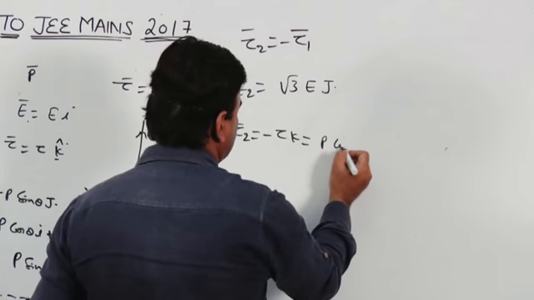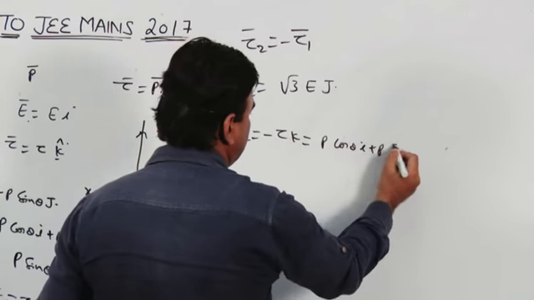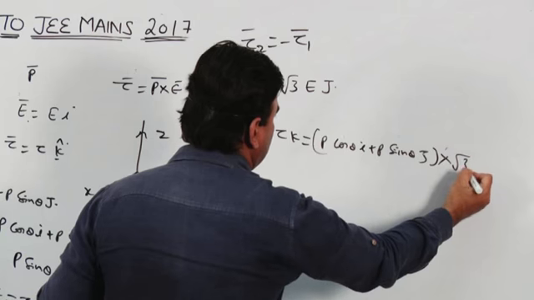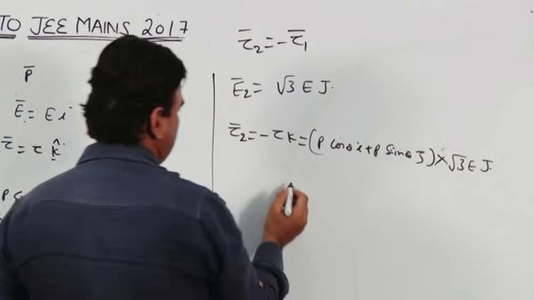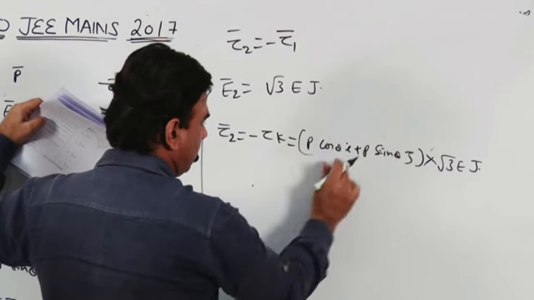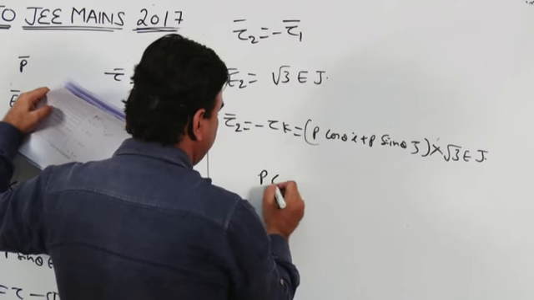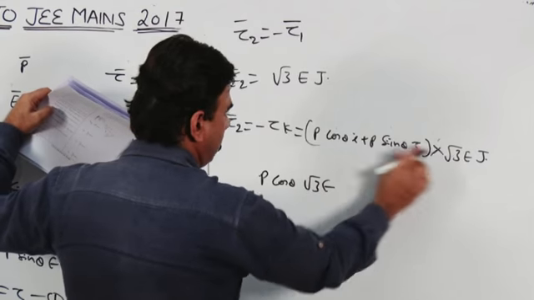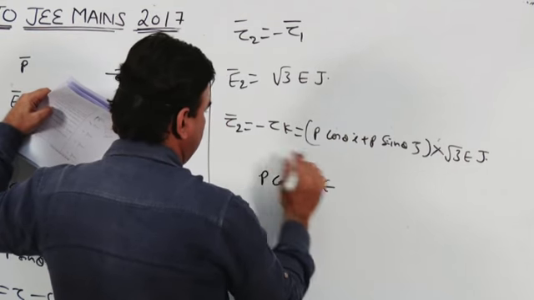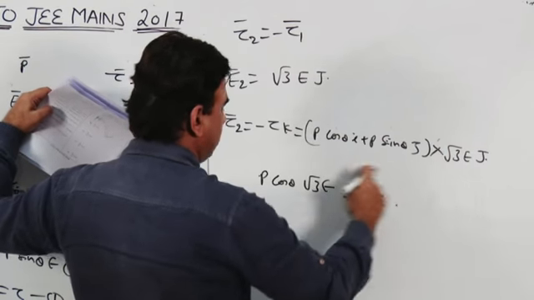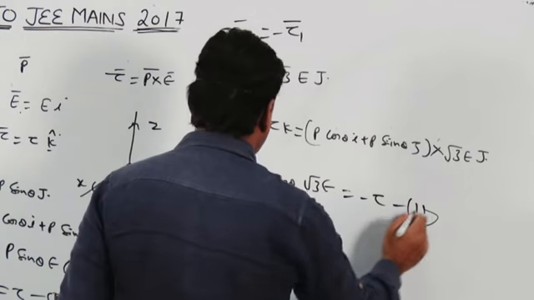Again P cos theta i plus P sin theta j cross root 3 E j. Crossing and comparing, i cross j is k, so P cos theta root 3 E k, and we compare, so it becomes minus tau. j cross j becomes 0. So this is the second equation.